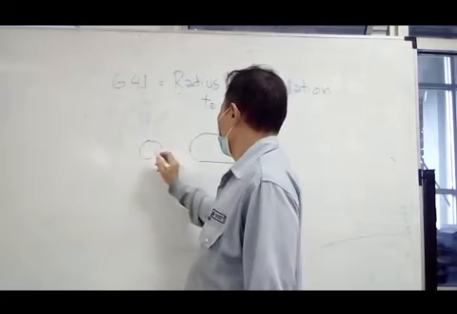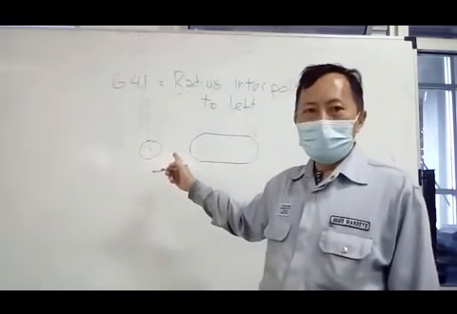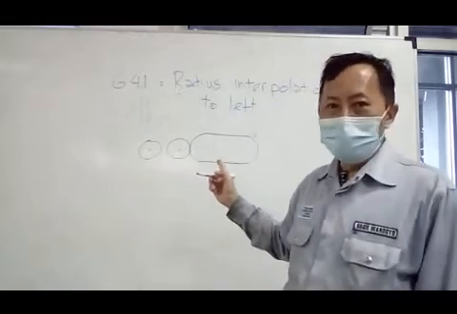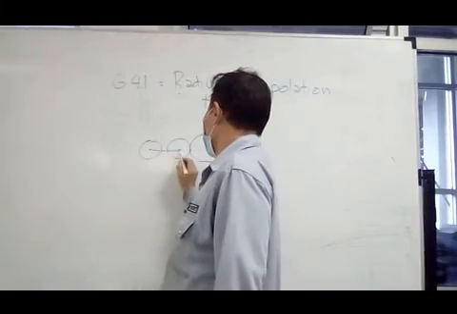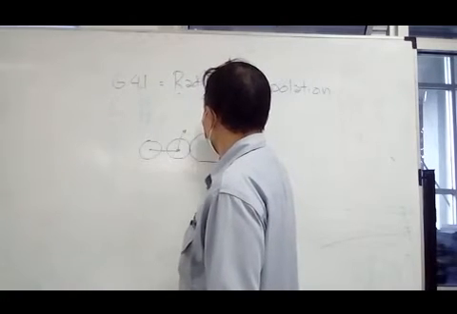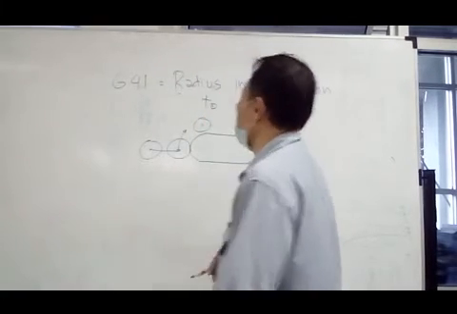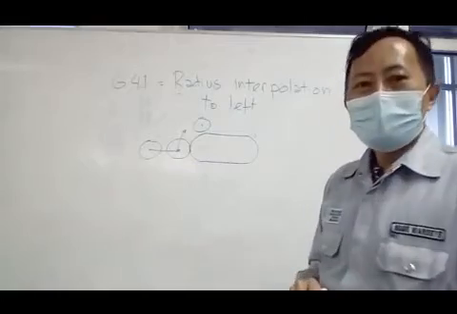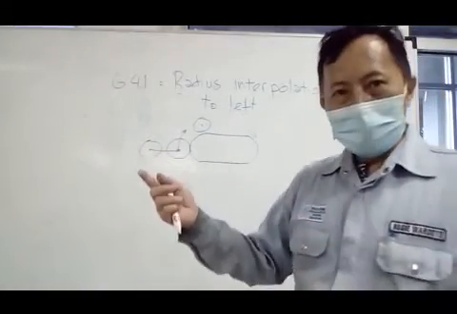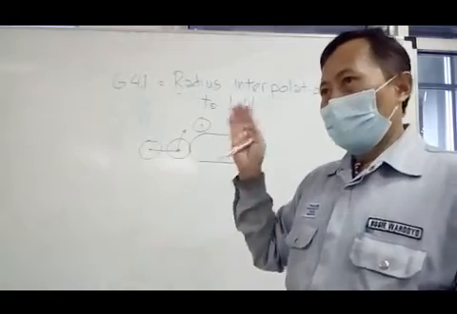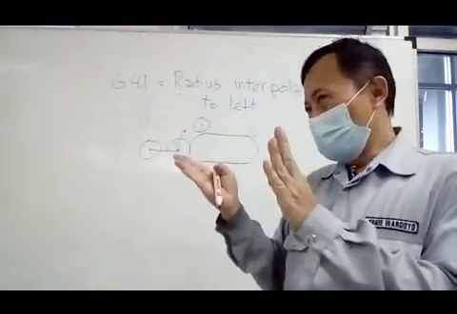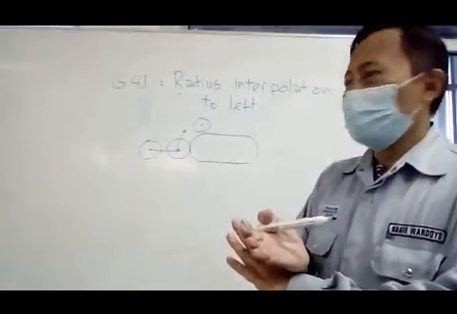G41, the first location in here, and then go to this location, go this, and then after that go to this location. So the use of this code is to tell the machine that the cutter has some radius that must be offset. Must be offset to the left.